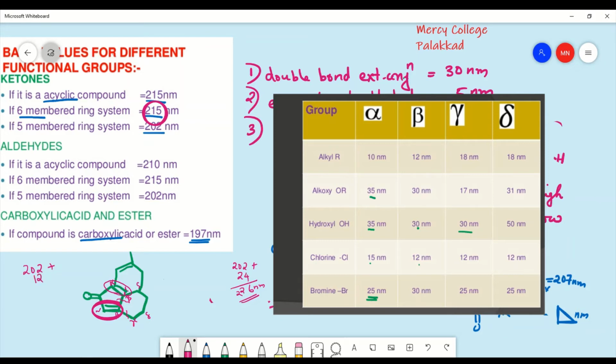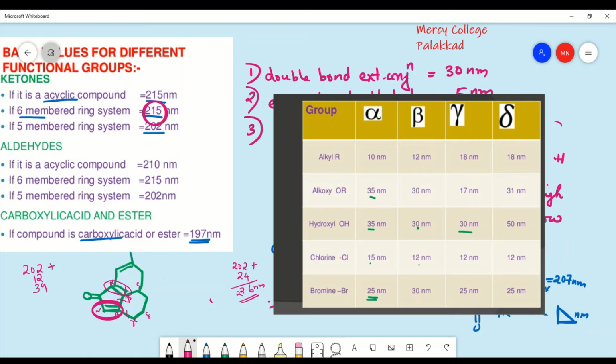Now see here extending conjugation, or you can add the contribution by the homoannular diene component, right? So for the homoannular diene component, 39 nanometer you have to add. Then further this double bond, alpha.